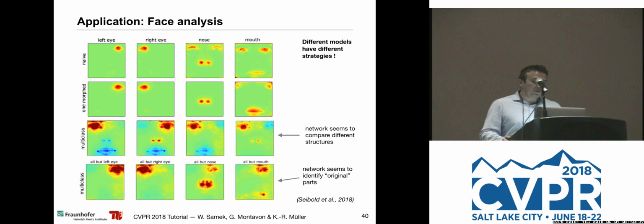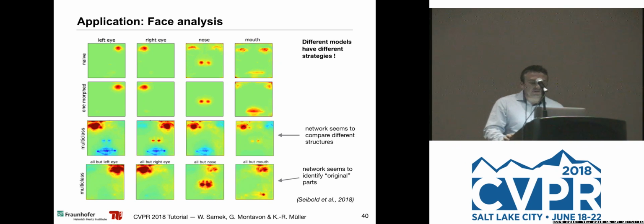Whereas a model which also uses one-morph images in training has much more meaningful heat maps. And the interesting thing is that for the model which uses this multi-class training, the heat maps seem to compare different structures. Even though we just morphed the left eye, we didn't get a response on the left eye.